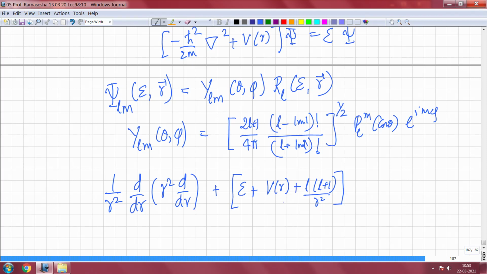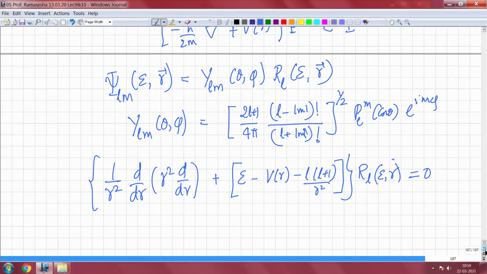Actually, let me put plus, okay, because the centrifugal barrier is what you have, but I think it becomes minus simply because I have taken the first term to be positive, times R L of r is equal to 0. R L is just a function of one variable, which is the radial distance.